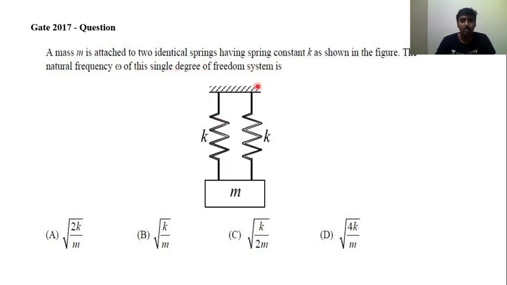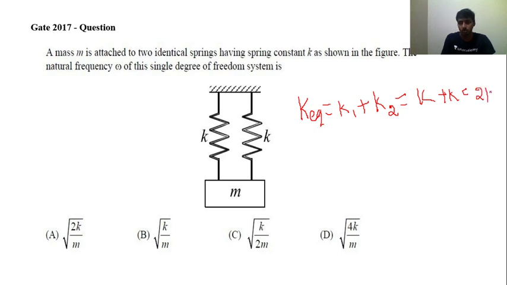Here we know that when the springs are connected in parallel, the total stiffness K equivalent is equal to K1 plus K2. Here K1 and K2 are both K, so K plus K is equal to 2K.